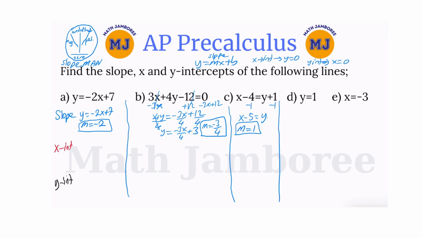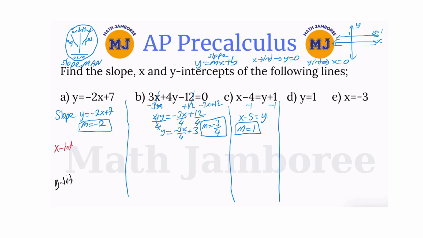Another thing I want to mention, I'm trying to use my space as efficiently as possible. So this is the x-axis, this is the y-axis, and y equals 1 is here, this is positive 1.